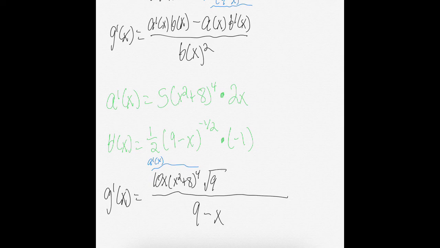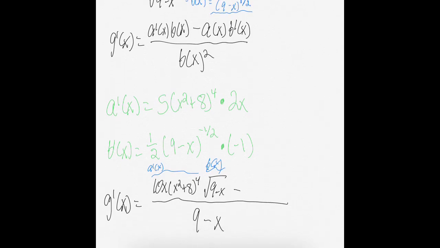Excuse me, this is b of x. So b of x is actually just root 9 minus x. Okay, that makes it a little bit nicer probably. B of x. Okay, so now minus a of x, so that is x squared plus 8 to the 5th.